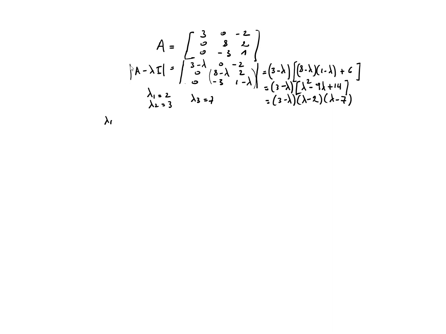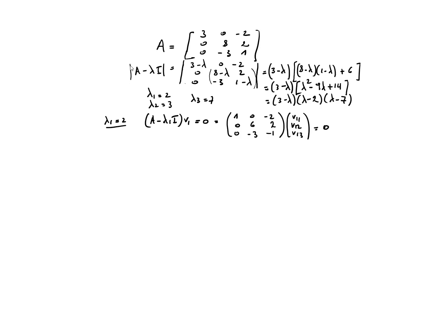Let's start with lambda 1 equal to 2. So we are looking for a vector v1 such that this equation holds. This will lead to the matrix 1, 0, minus 2; 0, 6, 2; 0, minus 3, minus 1, times v1, written as v11, v12, and v13, equal to 0.